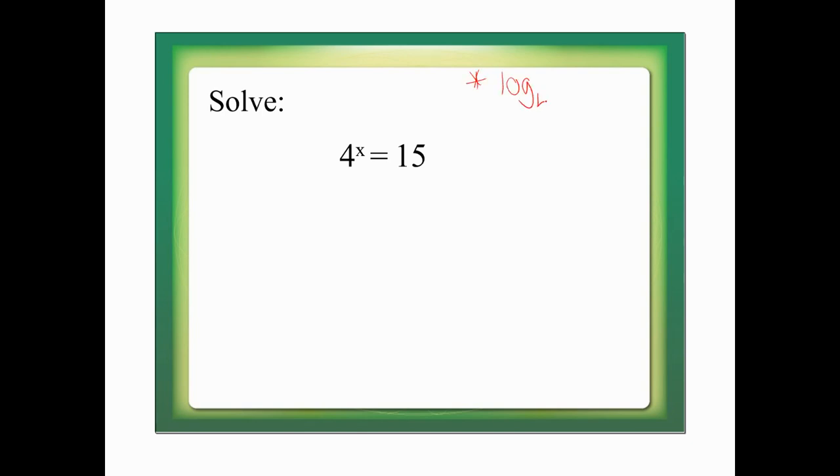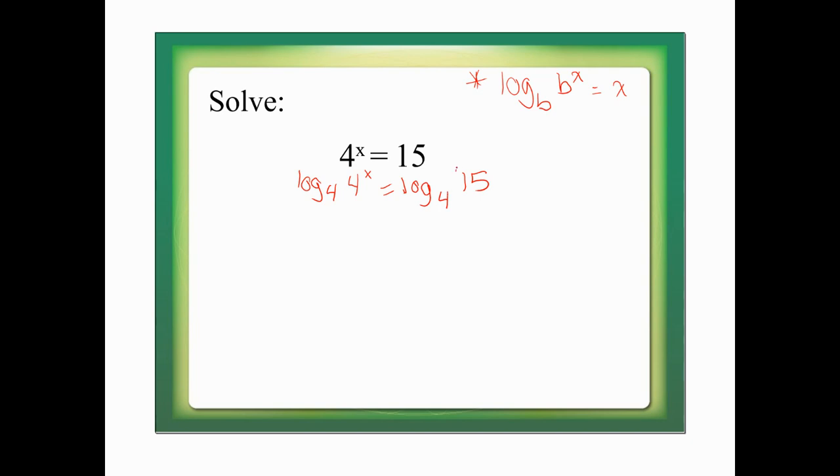So if I remember correctly, one of my properties is that log base b of b to the x gives me x. So to get x out of the exponent, I can take the log with base 4 of both sides. So I'm going to take log with base 4, 4 to the x power, equals log base 4 of 15.